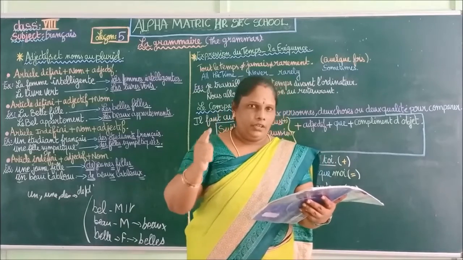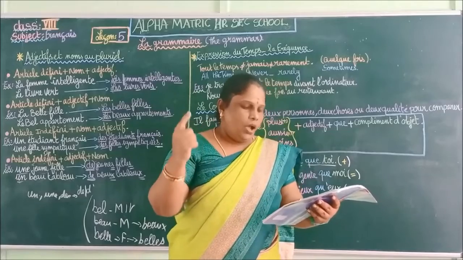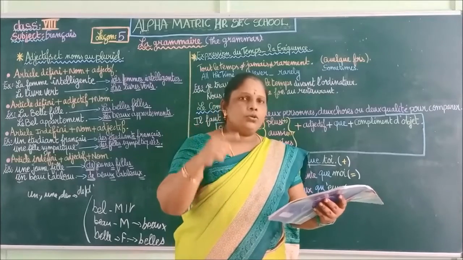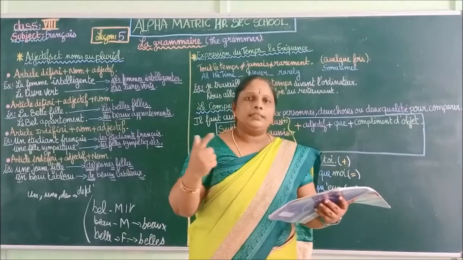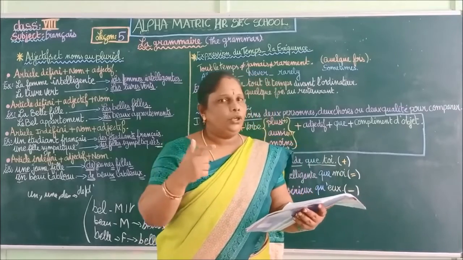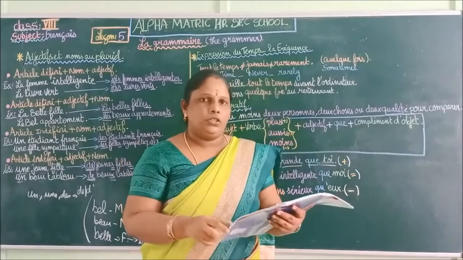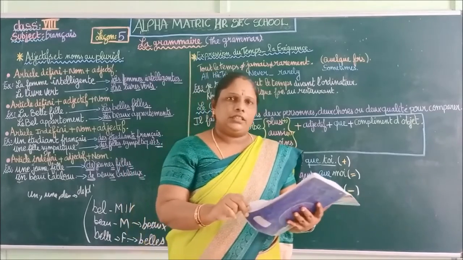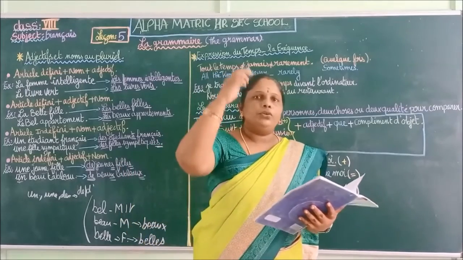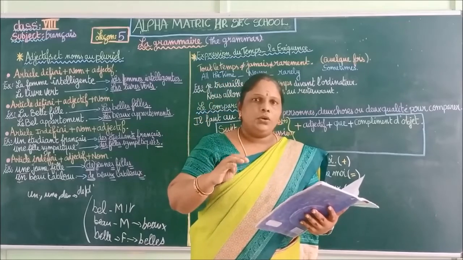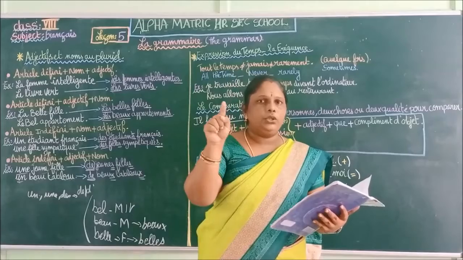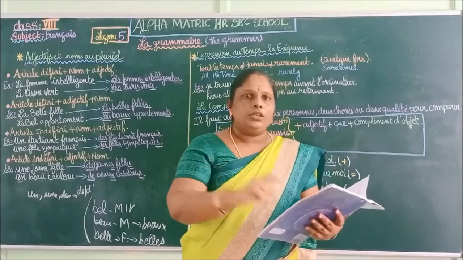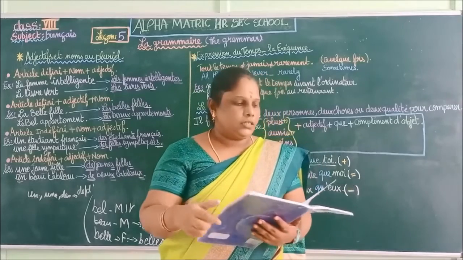Le livre est, the book is, around, sur means on, partout, everywhere, la table, the table. So you are going to choose the right preposition. That is for exercise number 1. You have to write the 5 questions. Okay, question, and you are going to round into black pen. Okay, so do neatly your exercise.